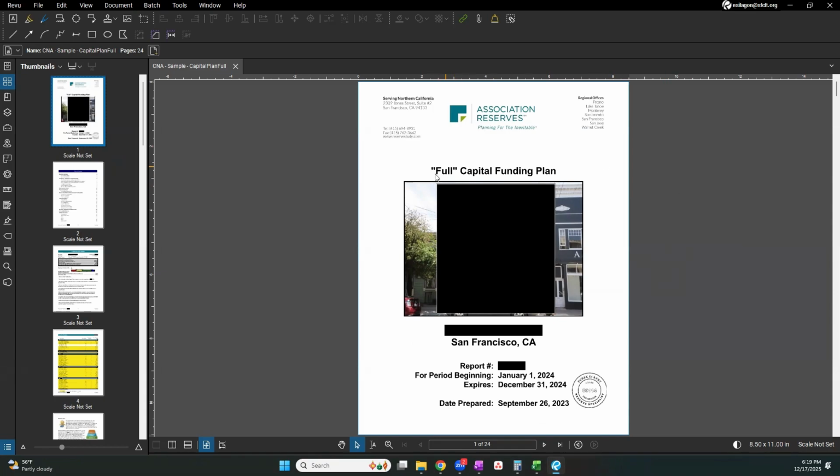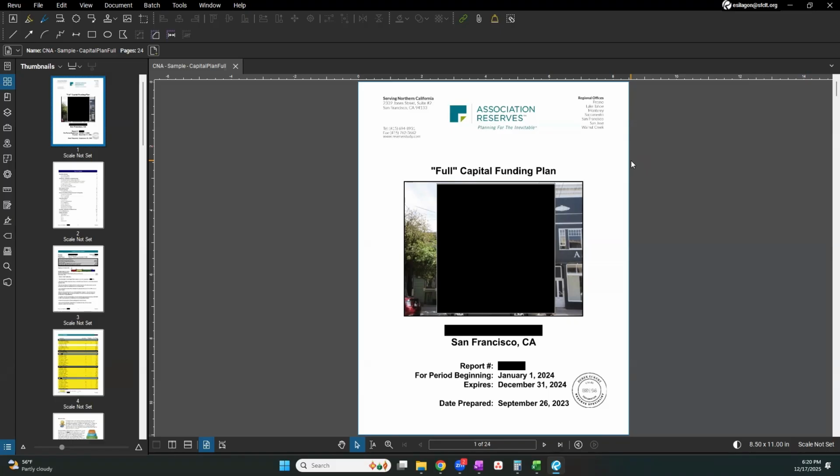And this is called full because, in this particular example, we requested this report when we were in the process of acquiring a property. And so the vendor had never been to the property before.